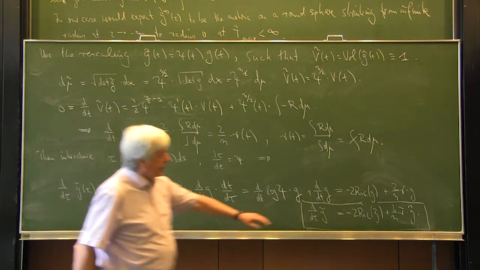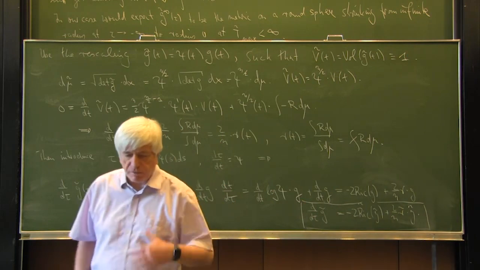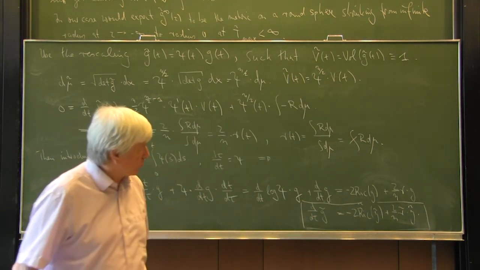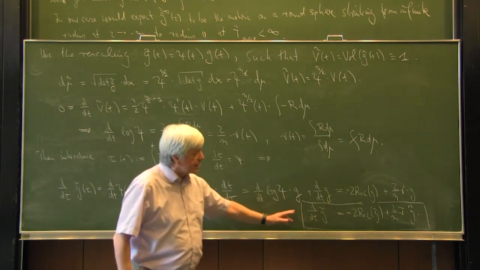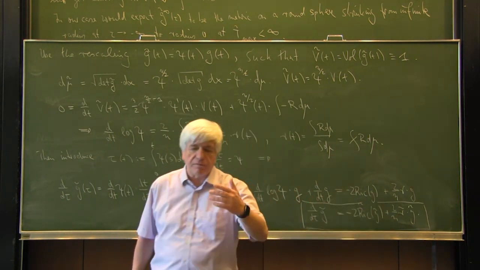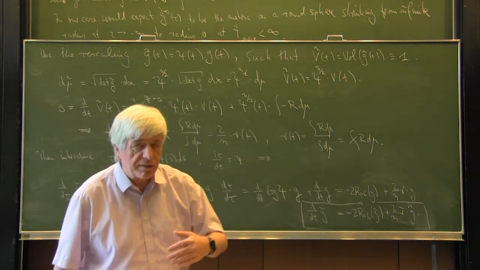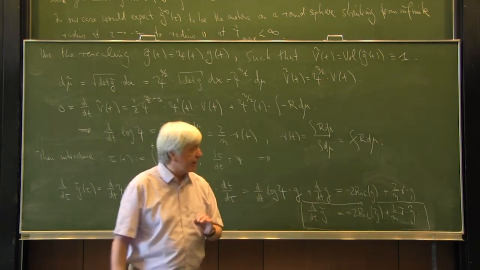So here you see the different nature of the rescaling that we have here. We get a slightly different evolution equation. We have not rescaled in such a way that we get exactly Ricci flow back again.